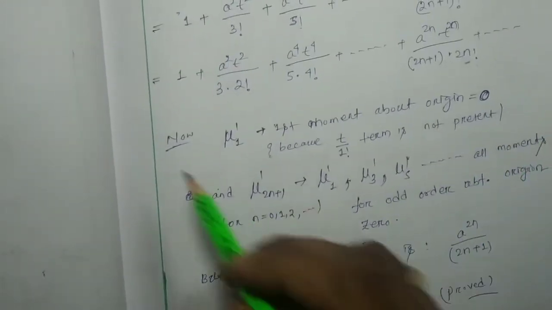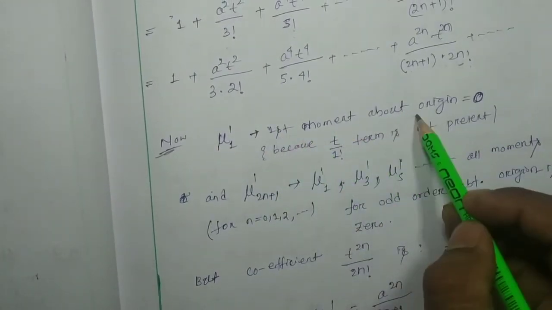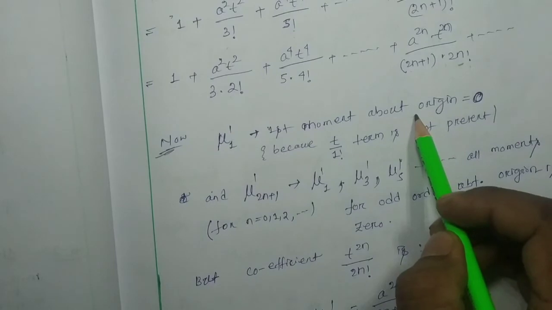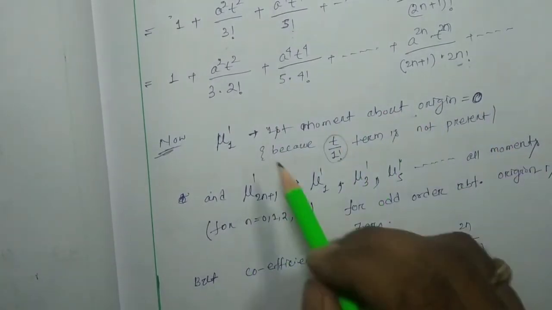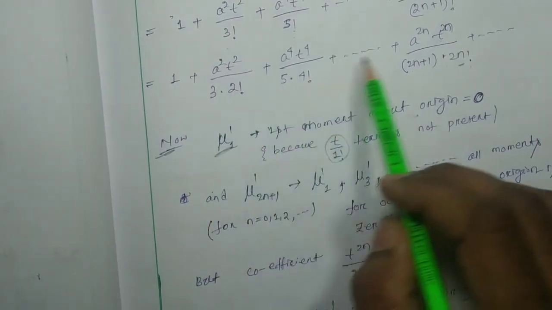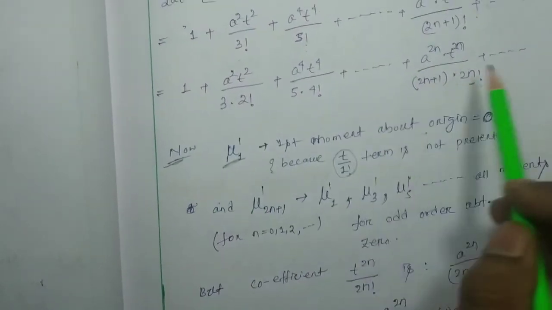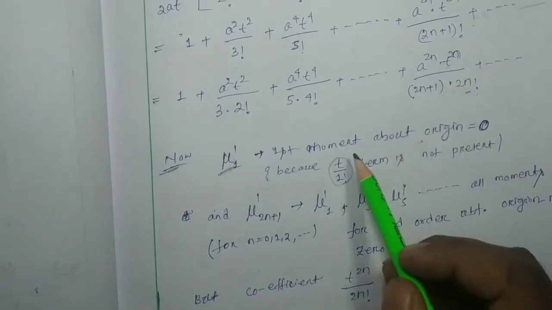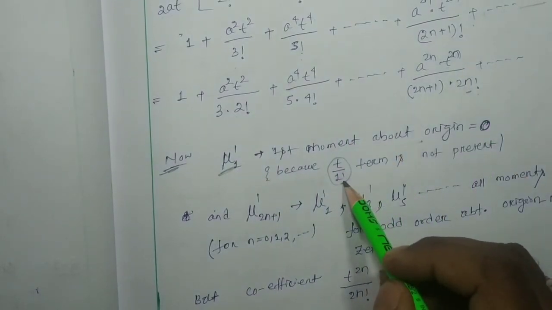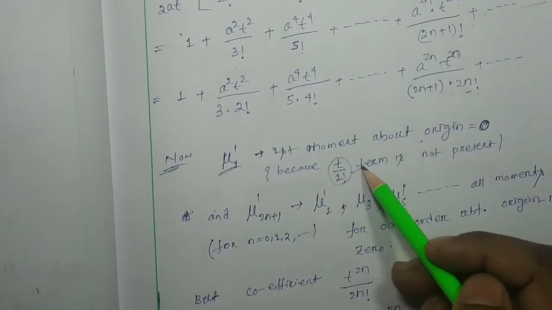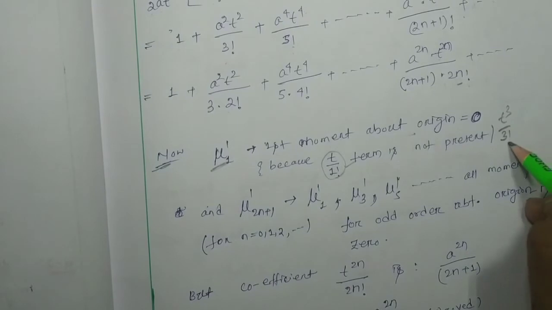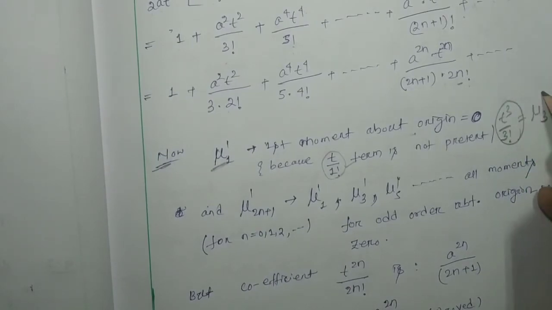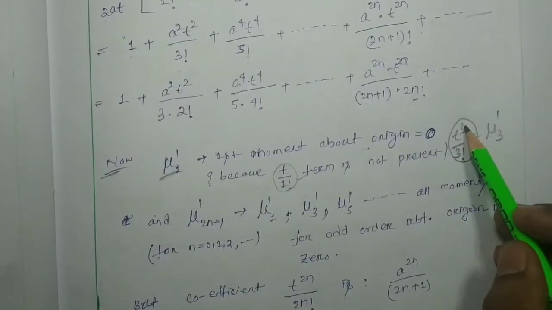Now for the first moment, we know that the coefficient of t by 1 factorial is nothing but the first moment. You just search in this series, are you getting a t by 1 factorial term? There is no t by 1 factorial term. Likewise, the coefficient of tq by 3 factorial belongs to mu 3 dash, but you are not going to get tq by 3 factorial.